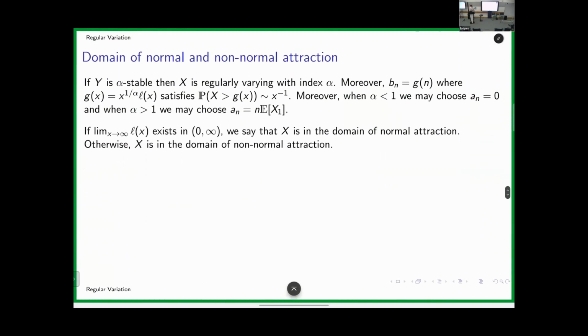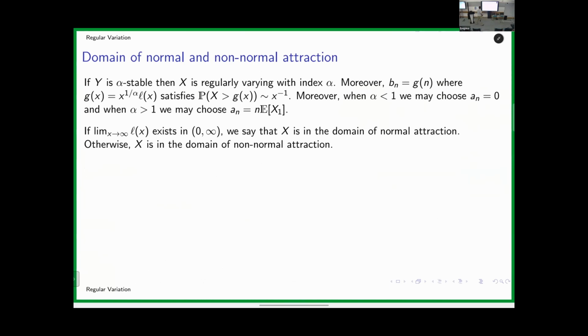So now some definitions, explaining why I'm raising this cautionary tale. If the slowly varying function here has a positive finite limit, this limit exists in (0, infinity), which means that the expansion of the tail also has a slowly varying component.